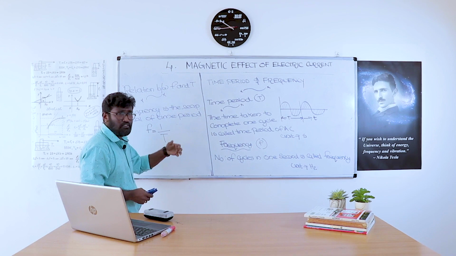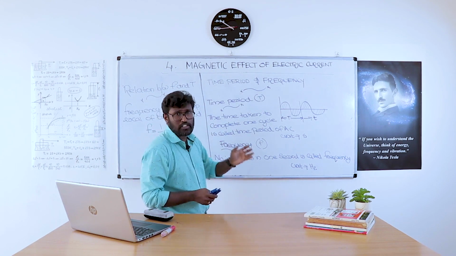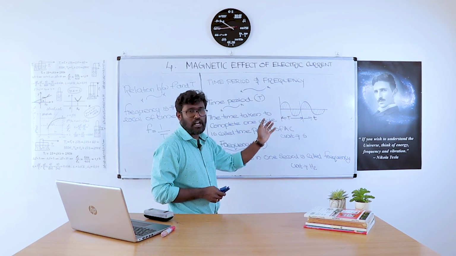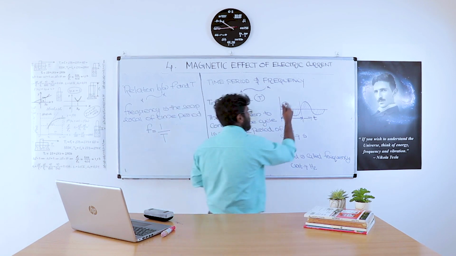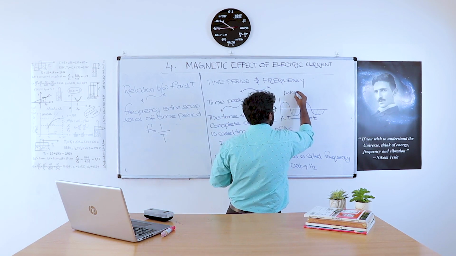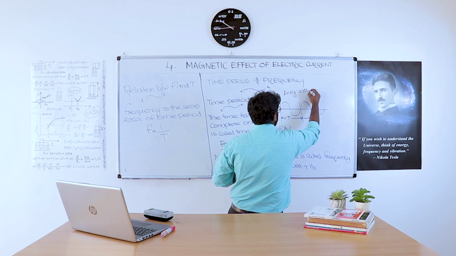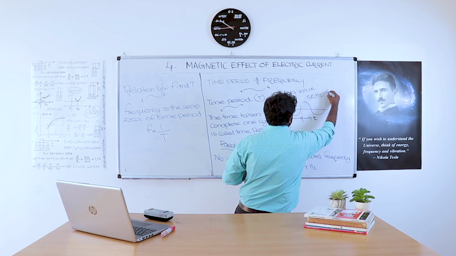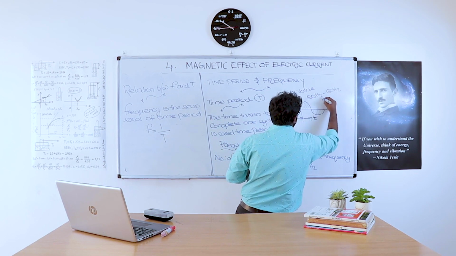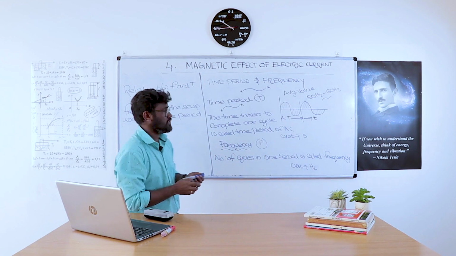If we consider the value of frequency of AC, it will be different in different countries, but the average value can be considered as 50 hertz to 60 hertz.